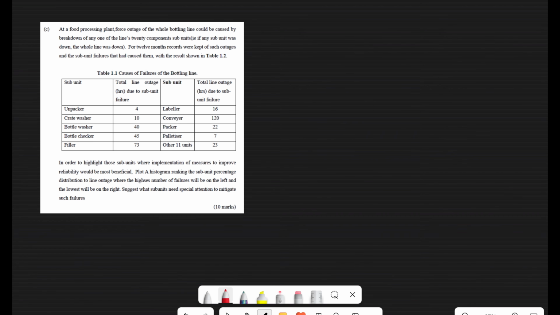So for this question, you have to draw a histogram.